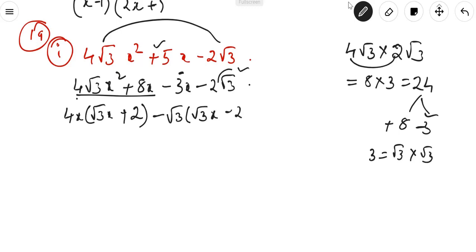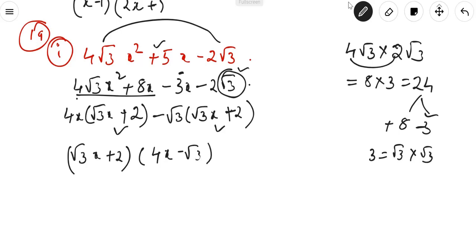Root 3 we have already taken out, so you are going to get only plus 2. Minus also we have taken outside, so this becomes plus 2. So in this one and this, 2 is common. So this is root 3 into x plus 2. And what is left out? 4x minus root 3. So these are the two factors of problem number 1 in problem number 19.